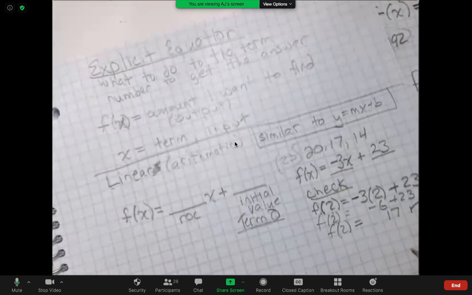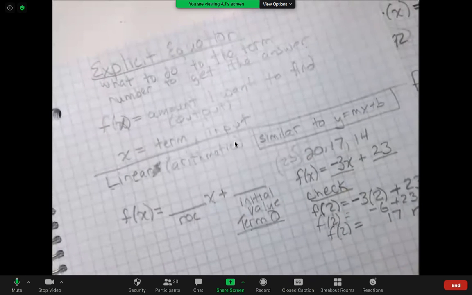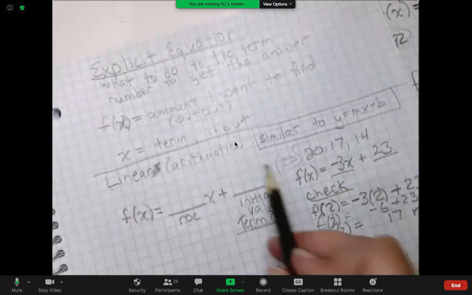Yeah, it worked for me, right? So I know I got the right equation. And so if I wanted to put in like 315, I would know what the 315th number of this pattern is, okay? So this is your fill in the blank for that.